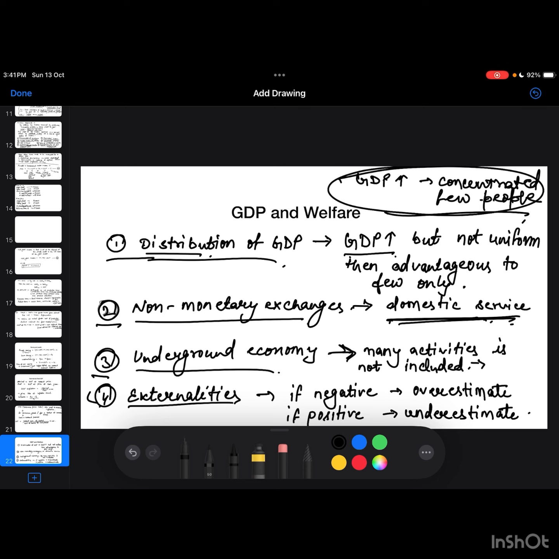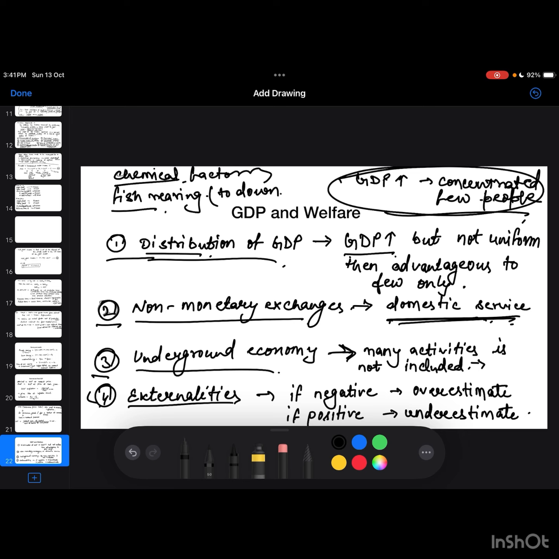Now suppose there is a chemical factory and a fish rearing downstream of the factory. So if the chemical factory releases its chemicals into that downstream, then fish rearing will be problematic. Then that will be a negative externality. It causes harm to the fish rearing.